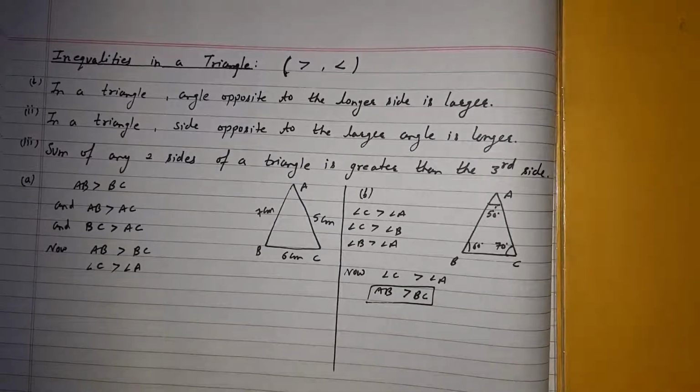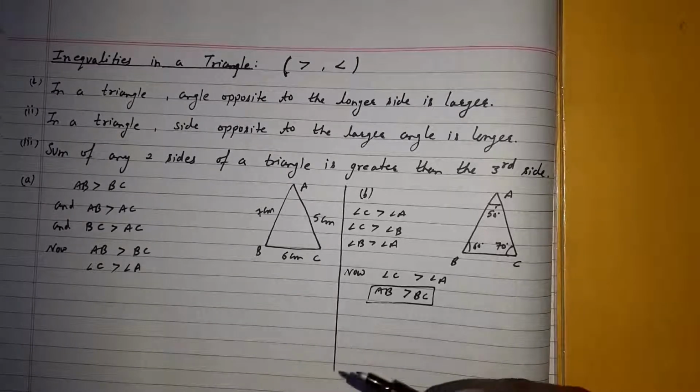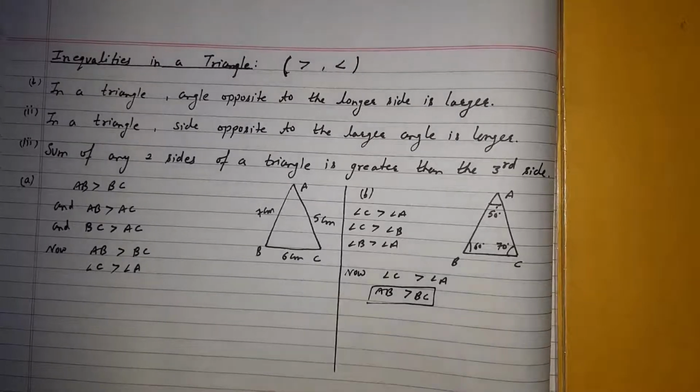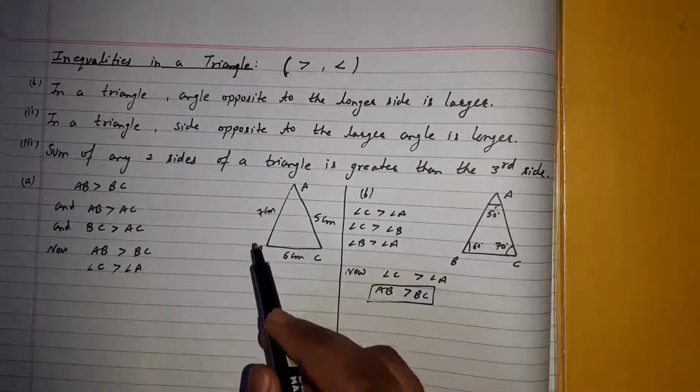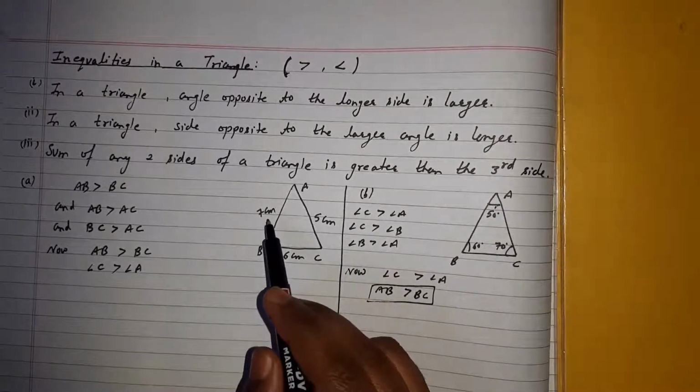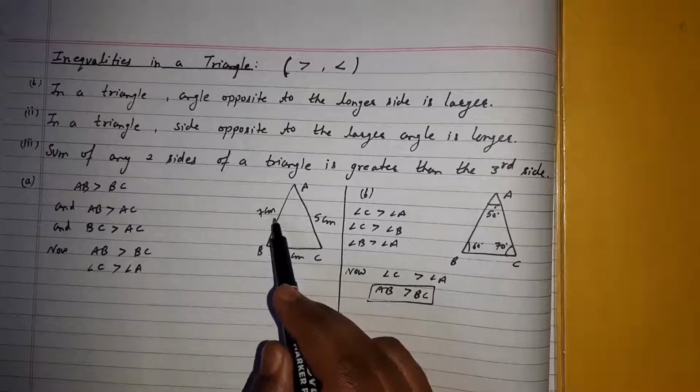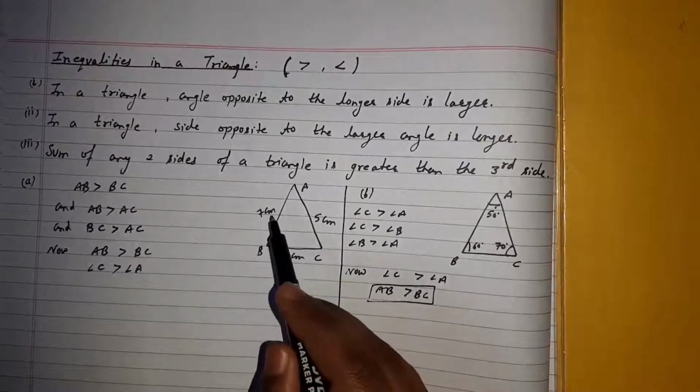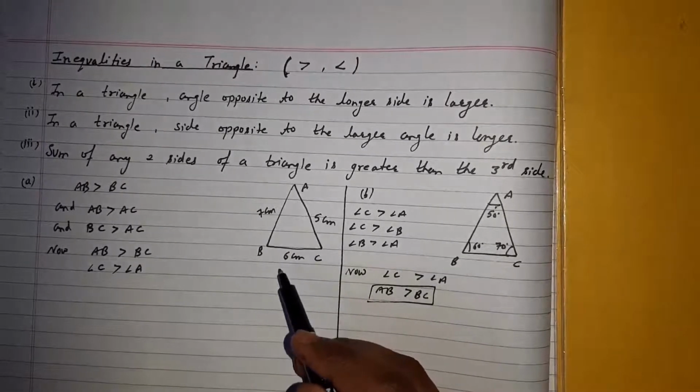Now the third one: the sum of any two sides of a triangle is greater than the third side. You can see in this triangle, suppose I am finding the sum of AB and AC. So 7 plus 5 is 12, and 12 is greater than 6, right?